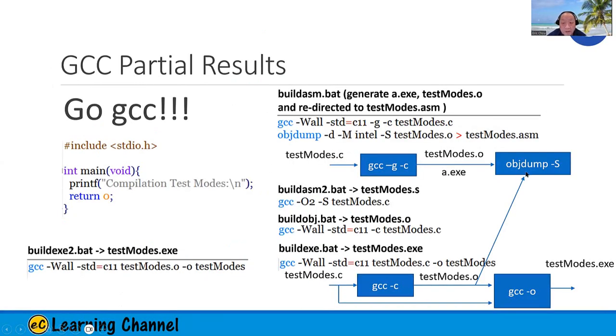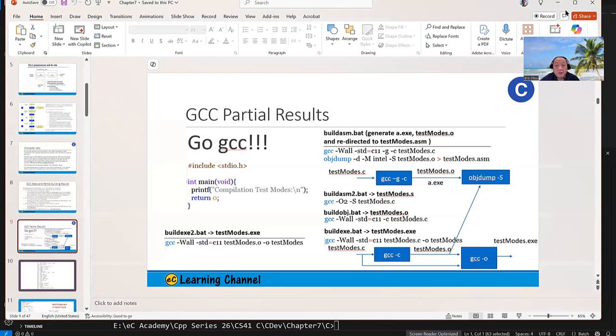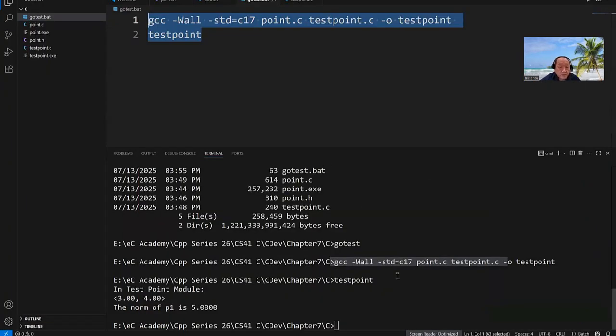You can also dump to assembly. Let me show you this dump to assembly part. Sometimes with GCC, you may want to dump to assembly instead of writing to an executable.